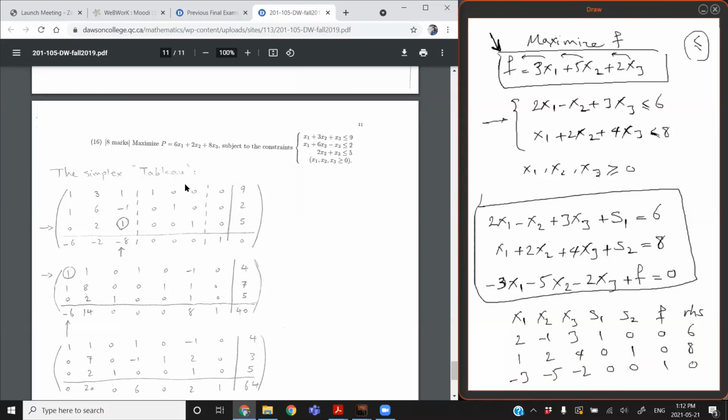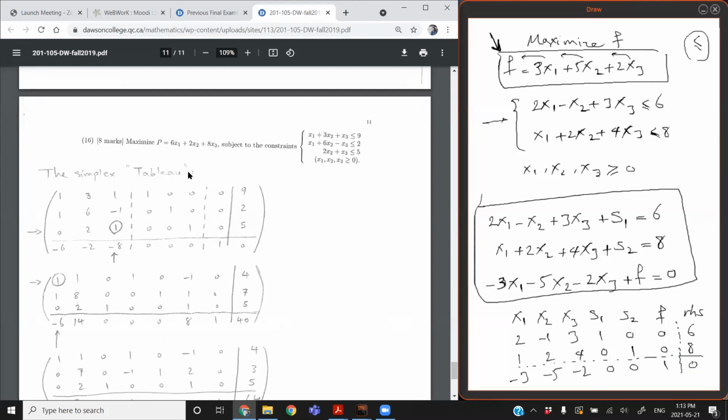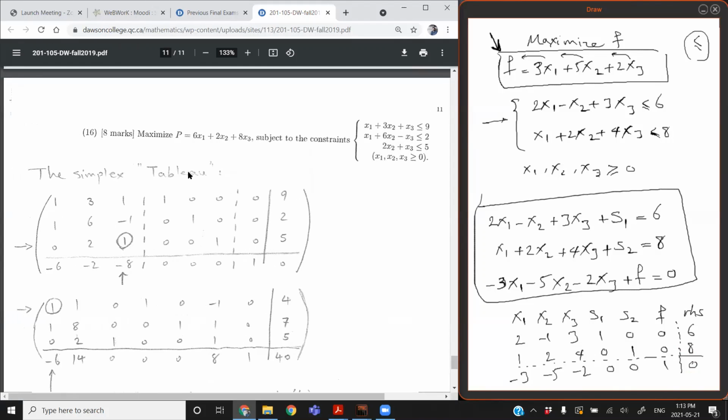And then I can just put a dashed line here that separates the objective function from the equations, and also a dashed line here that separates the coefficients from the constants on the right-hand side. So this is called the Simplex Tableau. And you can just compare what I did over there with what we have here.